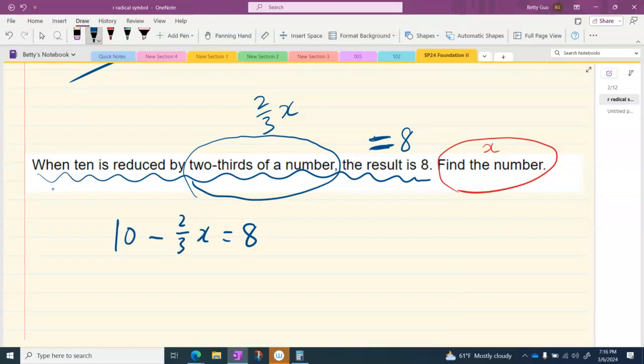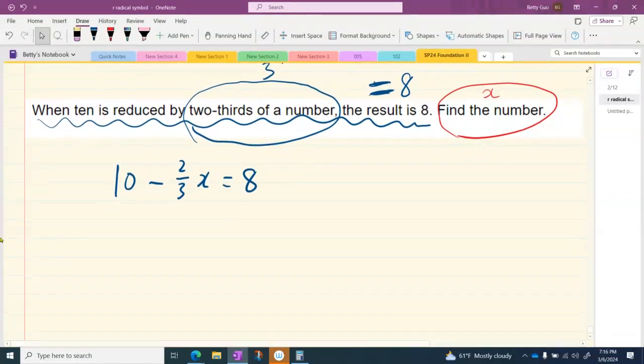There are different methods to solve this equation. I'm going to use 2 methods later, okay? Yeah, give it a try first.